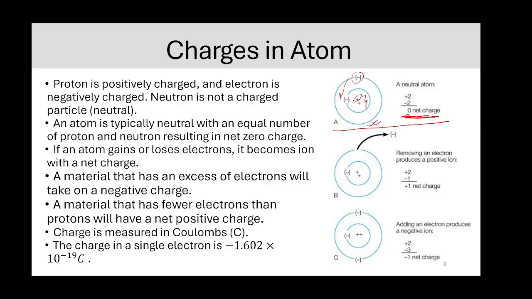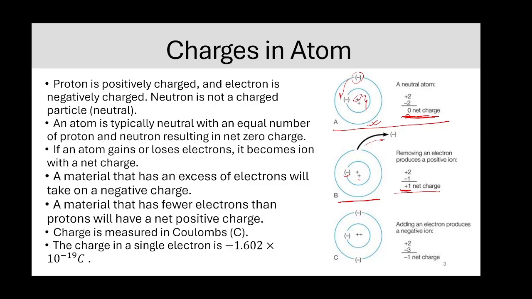When an atom loses an electron, it has more protons. We can see in this image, it had two electrons, and it lost one of the electrons. Now there are two positive charges but only one negative charge, and if we calculate the net charge, we have plus one. We call this a positive ion.